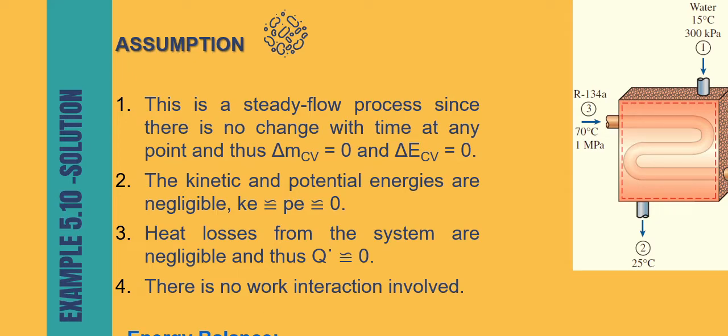Then you write the energy balance, neglecting all the insignificant terms, so you are left with only the m h terms, right? And then don't forget to write the assumptions as well. This is steady flow, meaning there is no change in mass and energy, kinetic and potential energy change equal to 0, heat loss negligible, and no work interaction involved.